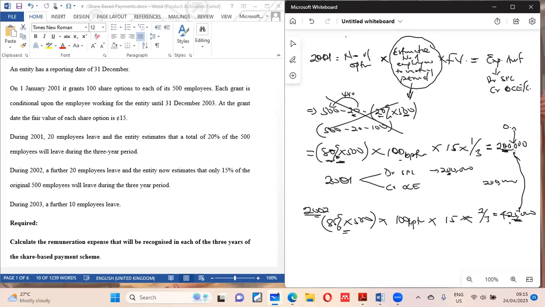In SOFPs, cumulative figures. It's not year figures. That's why the balance sheet is called SOFP, Statement of Financial Position, as at. That as at means what you have accumulated up to that point. And the P&L is the Statement of Profit and Loss and Other Comprehensive Income for the year ended, a specific year.